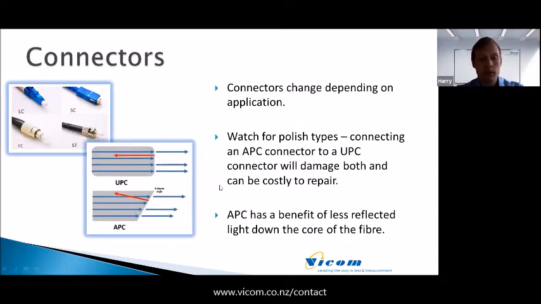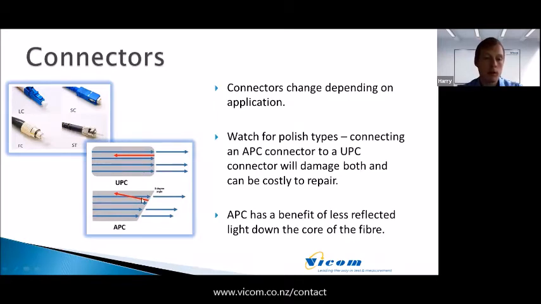Important thing to note is that you can only connect APC connectors to other APC connectors and UPC to other UPC connectors. If you try and connect an APC connector to a UPC connector, whilst you'll probably physically be able to connect them together, what you're actually going to do is crush the end faces. And remember that these are glass, so they're very, very delicate.